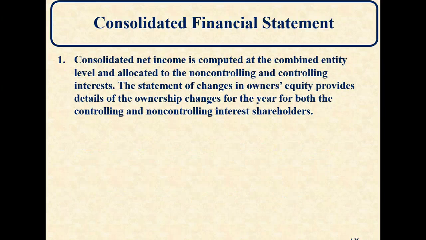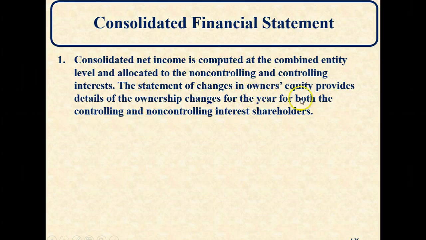Now, how do we handle the non-controlling investor section? Basically what we're going to do is the net income gets computed at the combined entity level, and it gets allocated to both the non-controlling and the controlling interests.